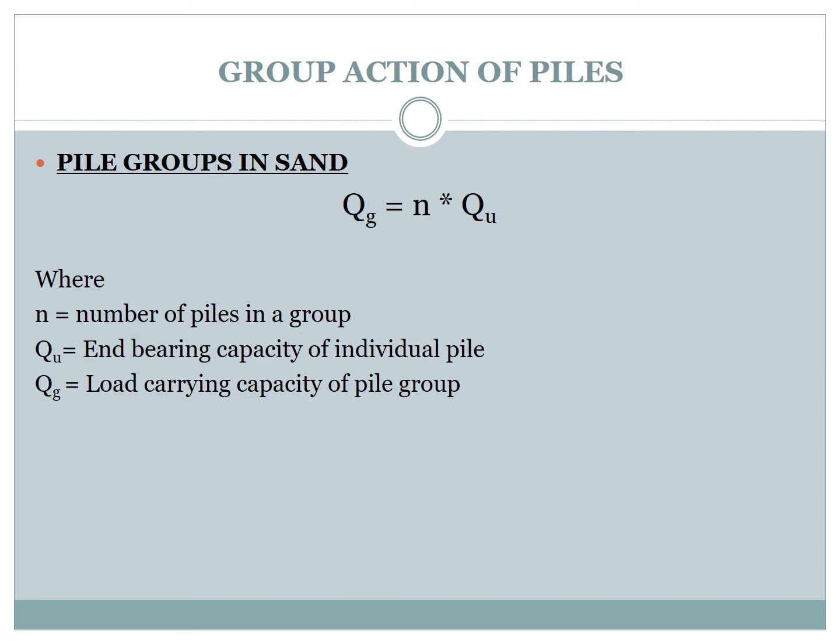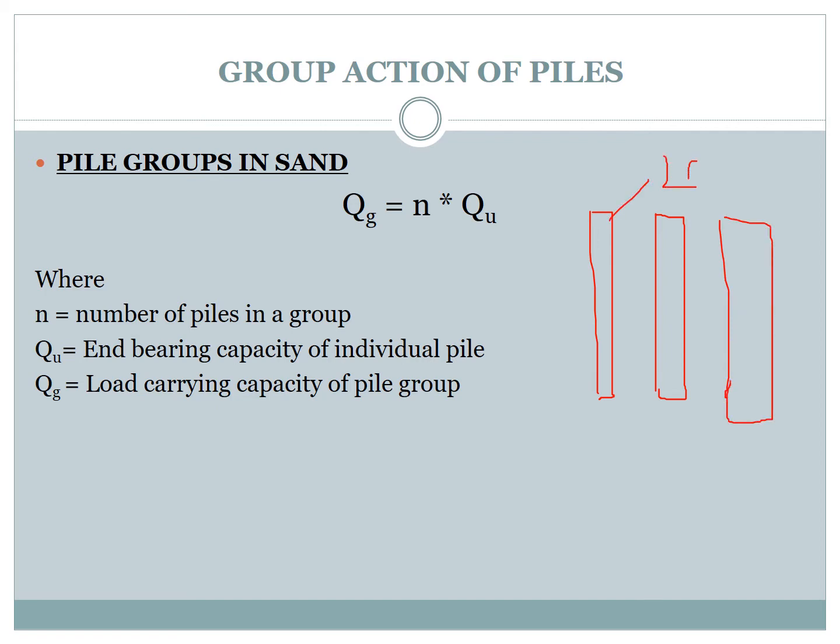It means, for example, if you have 3 piles and each pile has a load carrying capacity of 20 kilonewton, the sum of all 3 piles is 60.